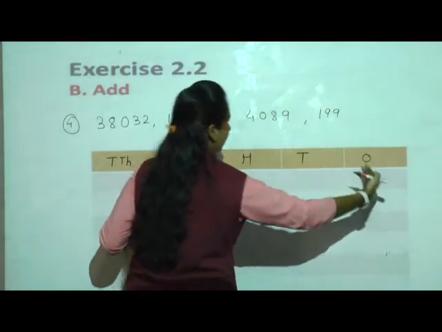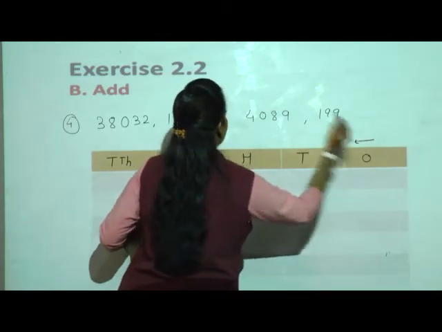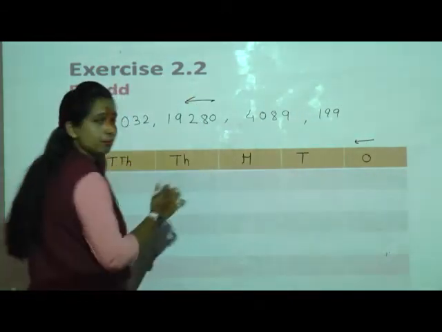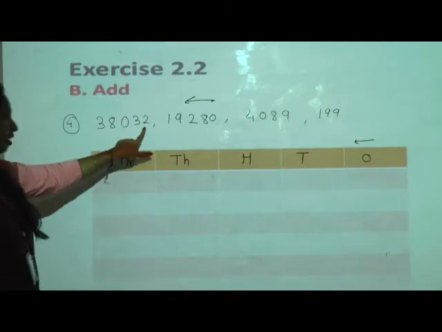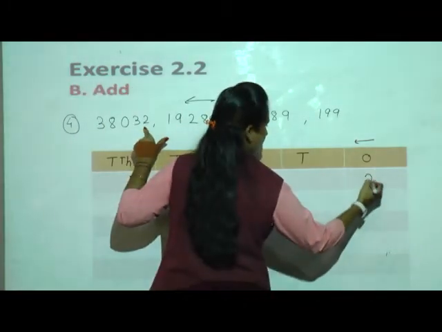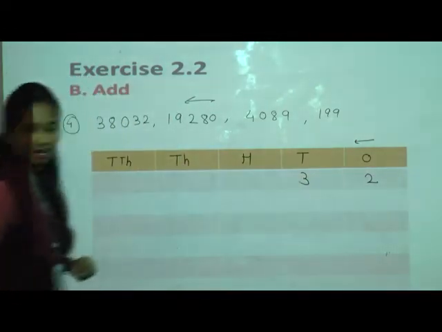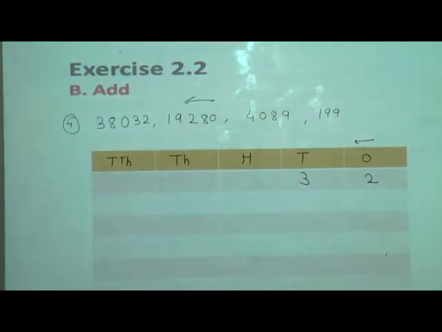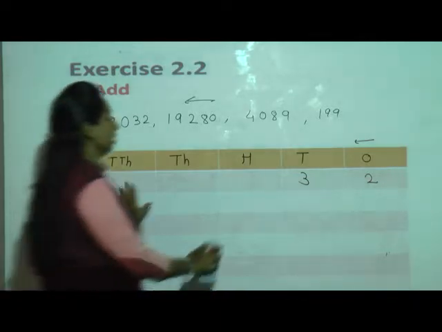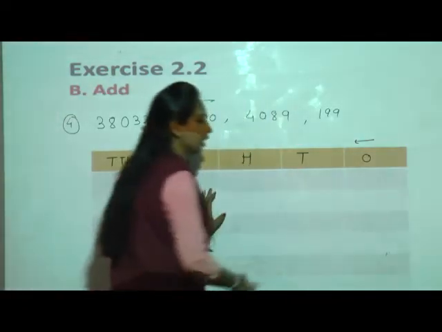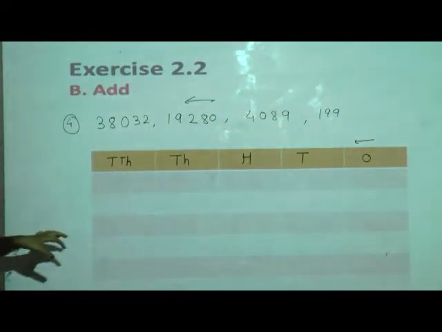From the right side, numbers also start writing from the right side. So what is there? 2 on ones place. The next is 3. Sorry, I am writing on the first row. We should not write on the first row. Why? Because one line we should leave for the carry.